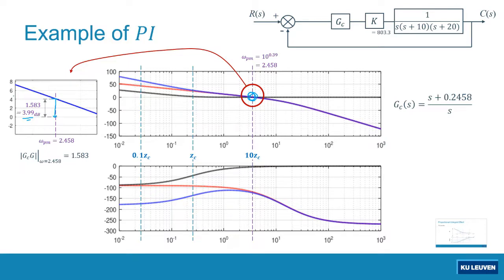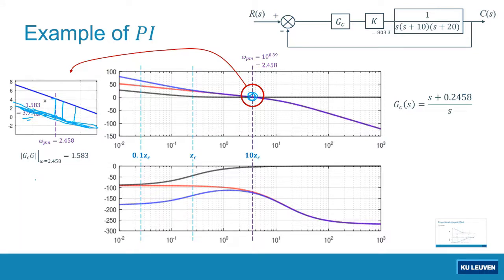That means I have to bring down my magnitude plot about 4 dB. Sorry, my drawing is not perfect. So the magnitude plot should be something like this. That means, what do I have to do? I have to bring down the magnitude plot by about 4 dB.